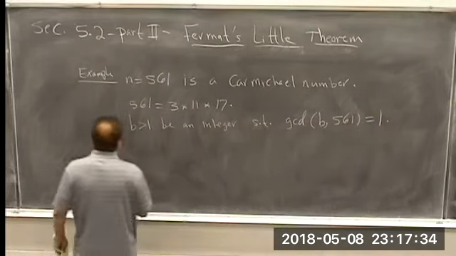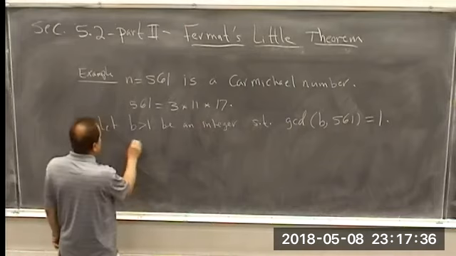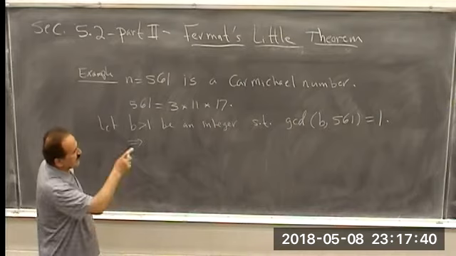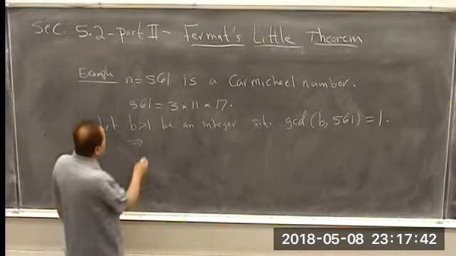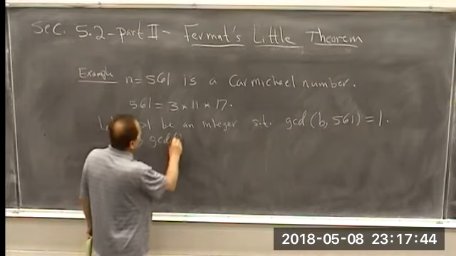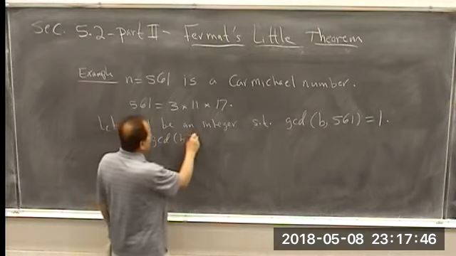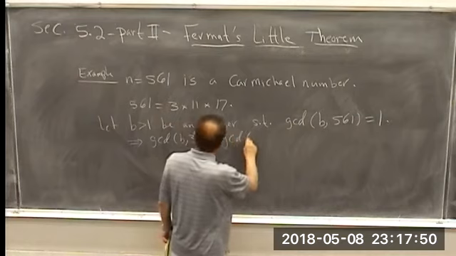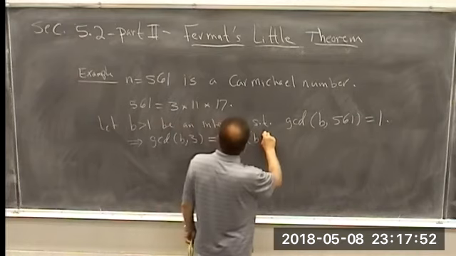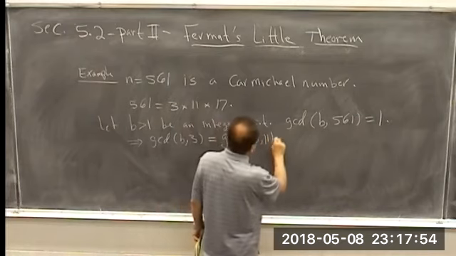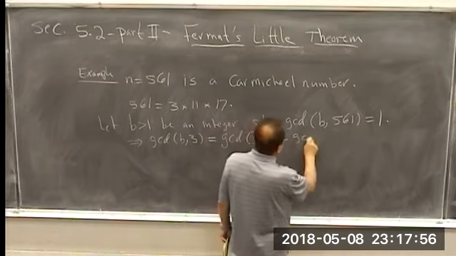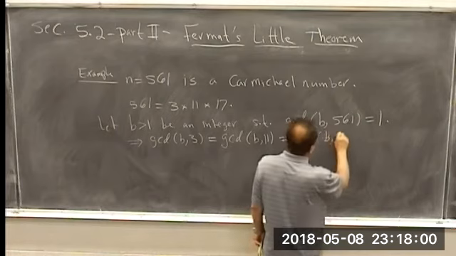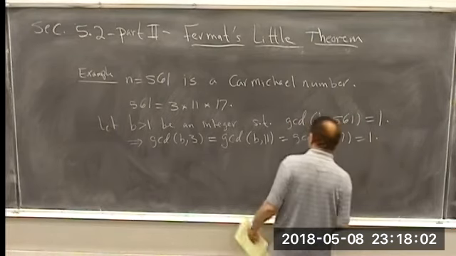This would imply, because the greatest common divisor of b and 561 is equal to 1, that the greatest common divisor of b and any of its factors is equal to 1: b and 3, b and 11, b and 17, all equal 1.